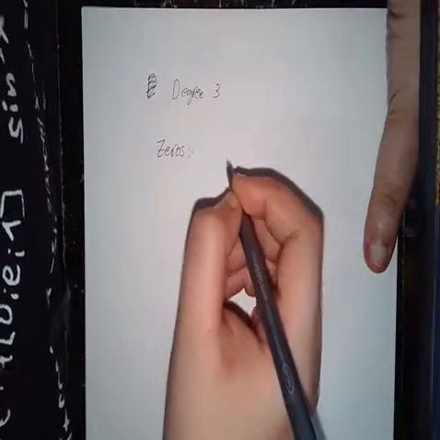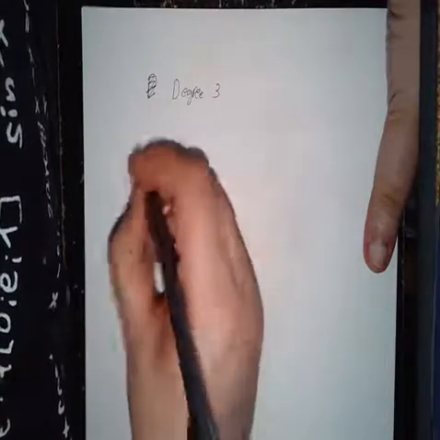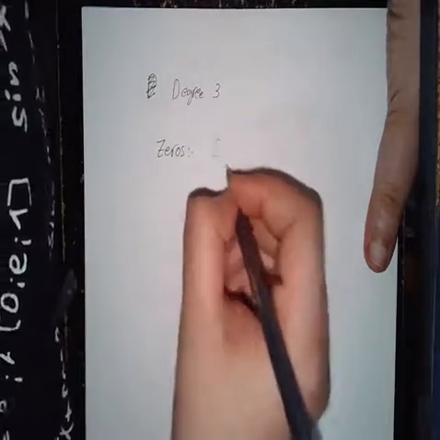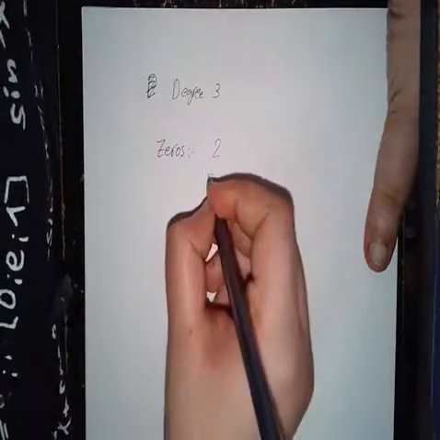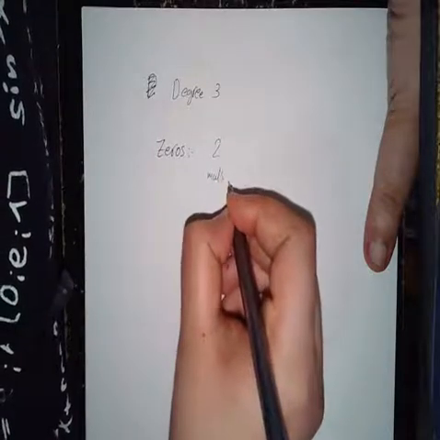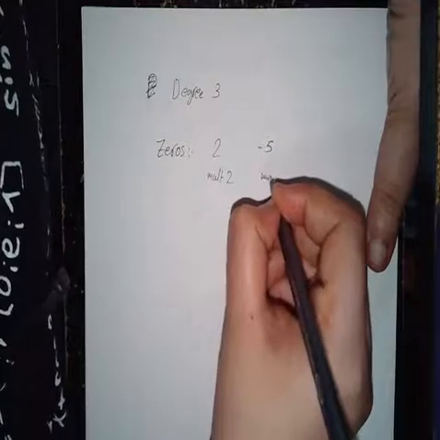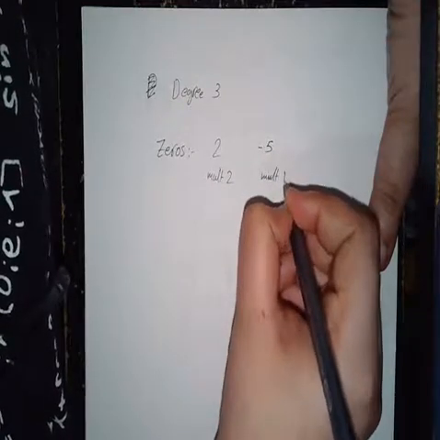I'm already giving you the answers. I'm giving you what the solution for x is. That's what the zeros are. So I'm saying that the zeros are the number 2, with a multiplicity of 2, and the number negative 5 with a multiplicity of 1.